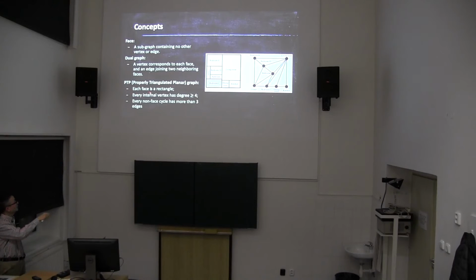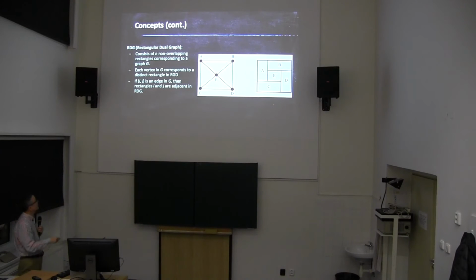Then, of course, this is another concept called the properly triangulated planar graph, and also certain properties that we satisfy. Again, this is not our own contribution. Also, again, previous theory: in order to meet the floor plan features, we have to follow these properties. And here is yet one more concept called the rectangular dual graph, which has the following properties.